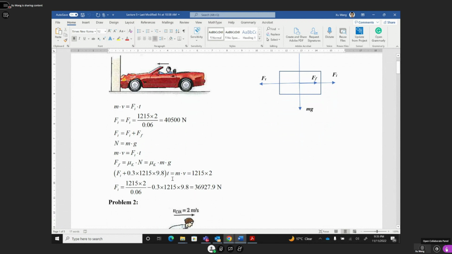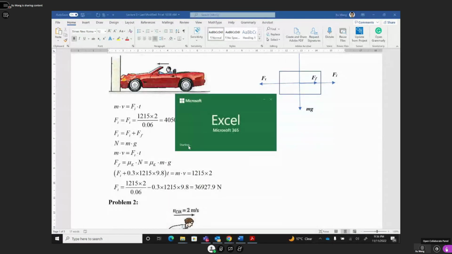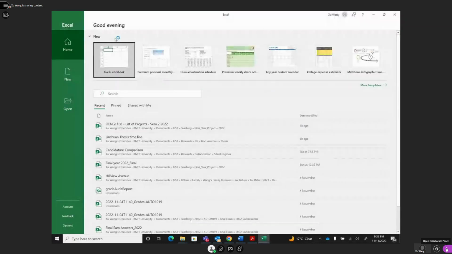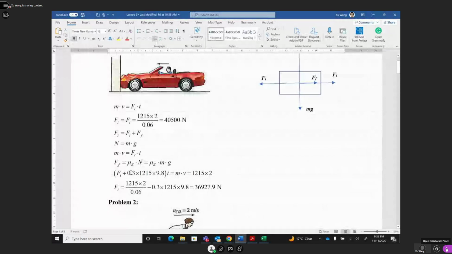Okay, that's how you solve this problem. Very simple. If you want, I can show you the calculation. So I think you understand that the traction force equals the wall reaction force plus friction.